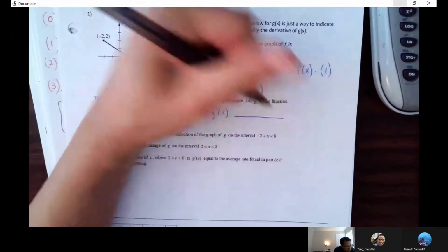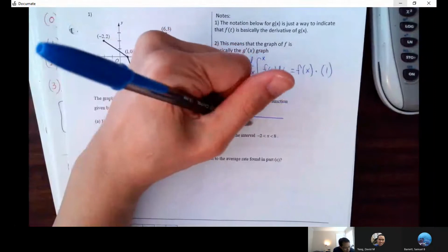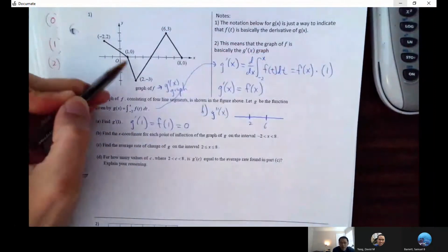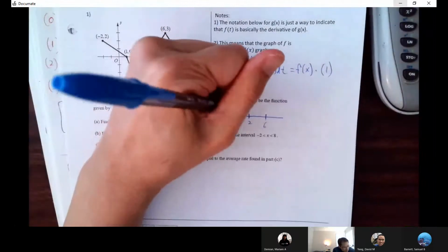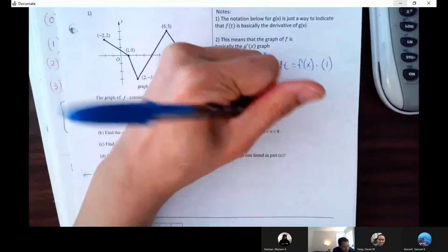I'll place my critical points there, 2 and 6. This is a negative slope, which is going to correspond with concave down. Positive slope is going to correspond with concave up. Negative slope corresponds with concave down.